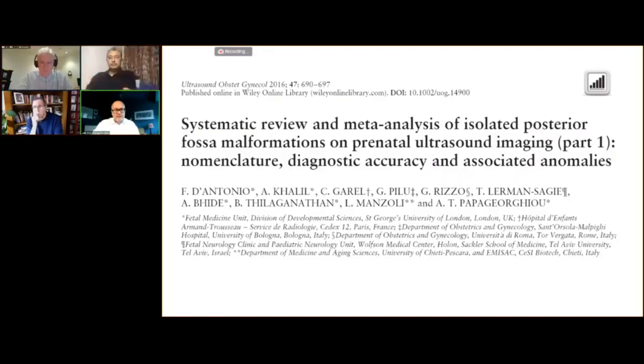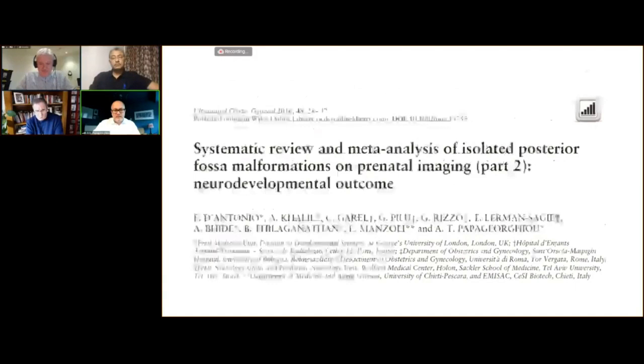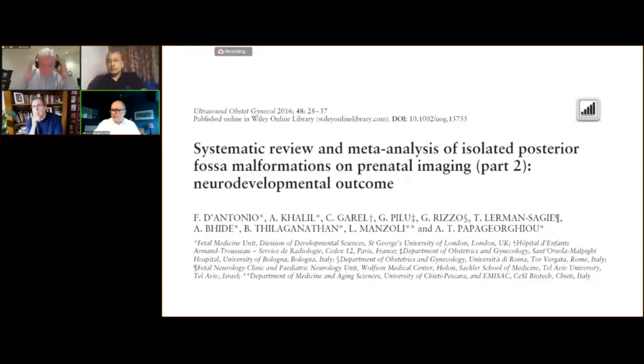Just put ultrasound obstetrics and gynecology posterior fossa and one of the names of the authors into Google, and you will find it. There are 2 parts to the systematic review. The second part concerns itself with neurodevelopmental outcome. So that's just as a background. They are freely available, and you just have to click on the link. There's no paywall or anything like that.